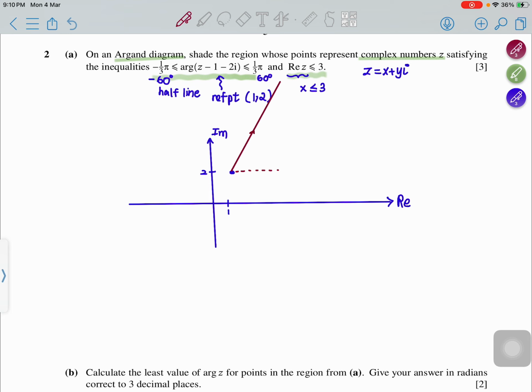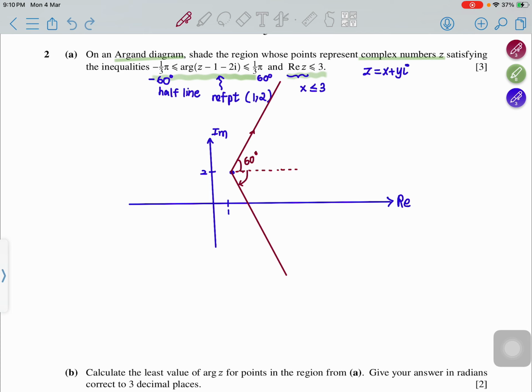Similarly, one goes down 60 degrees downward. From this particular dotted axis here, I'm going downward minus 60 degrees. Minus means going downward, so you don't have to indicate the minus, it's just 60 degrees.